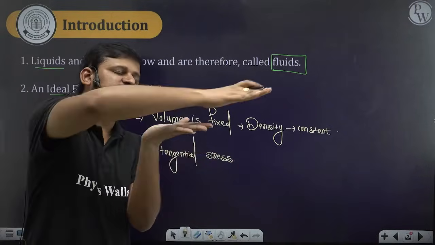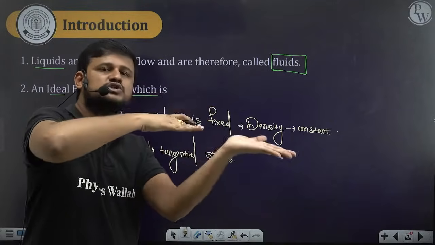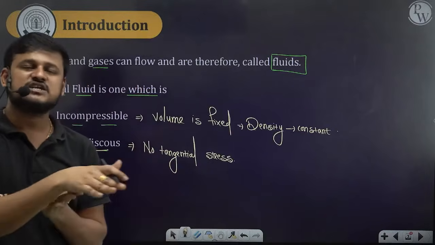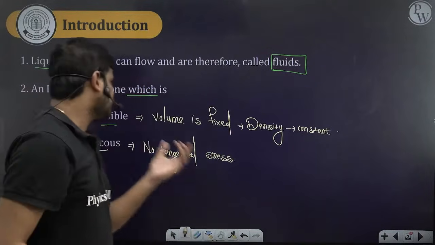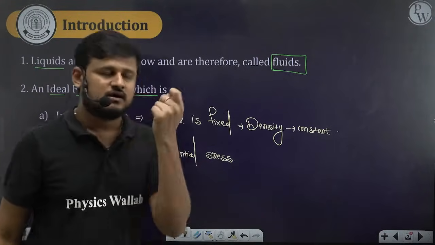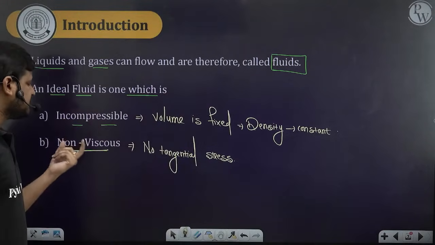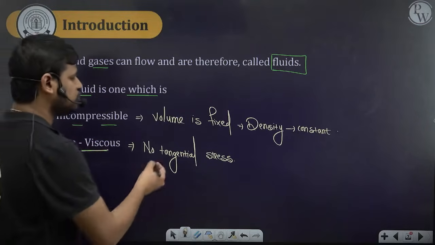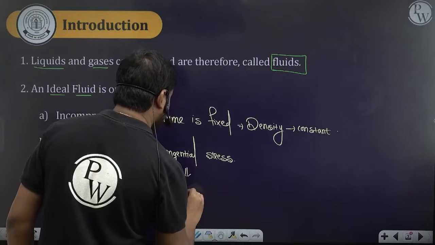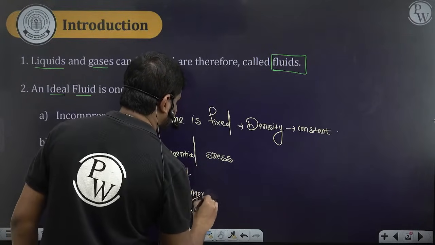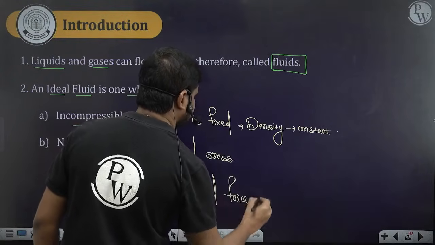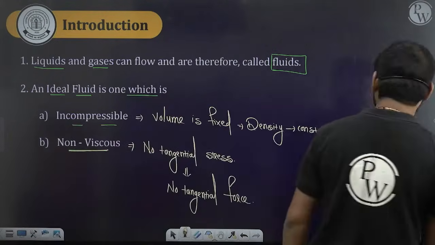If one liquid is flowing over another, there is a tangential force, right? If that tangential force is absent, then it is said to be an ideal fluid. So an ideal fluid has 2 important properties: one is incompressible, the other is non-viscous, meaning no tangential stress or no tangential force. Done, guys? Clear? Chalo, good. Let's move further.